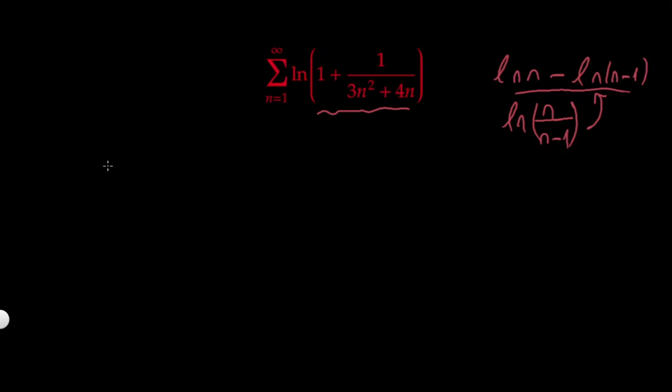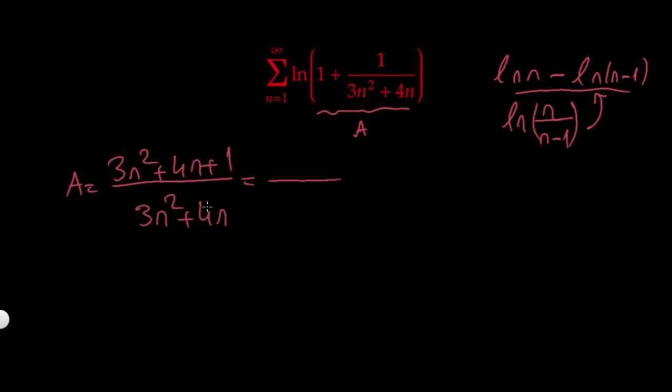Let's call this thing a. So I have ln a for the question. And so it's going to be 1 plus, let's just multiply it, 3n squared plus 4n plus 1 over this thing. Well, I can factor the denominator easily. It's just n times 3n plus 4.